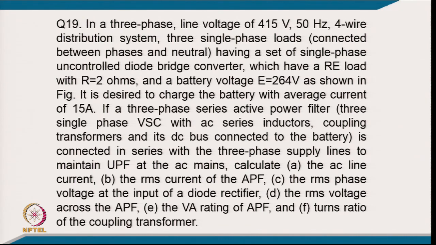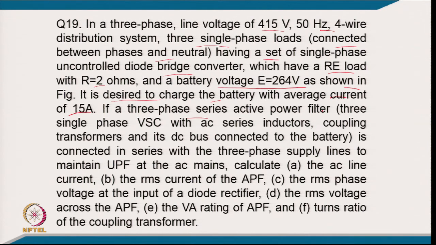So, coming to the 19th problem: in a 3-phase line voltage of 415 volt 50 hertz 4-wire distribution system, 3 single phase loads are connected between phase and neutral, having a set of single phase uncontrolled diode bridge converters which have an RE load with R equal to 2 ohm and battery voltage 264 as shown in the figure. It is desired to charge the battery with an average current of 15 ampere.